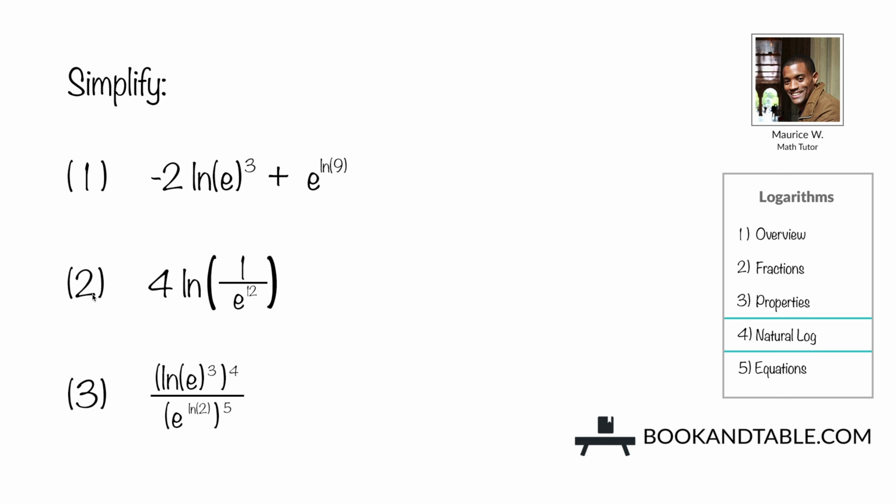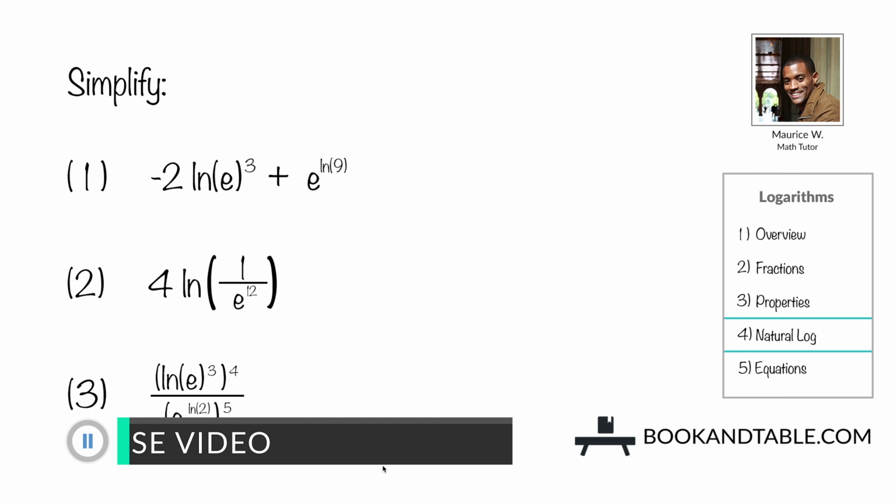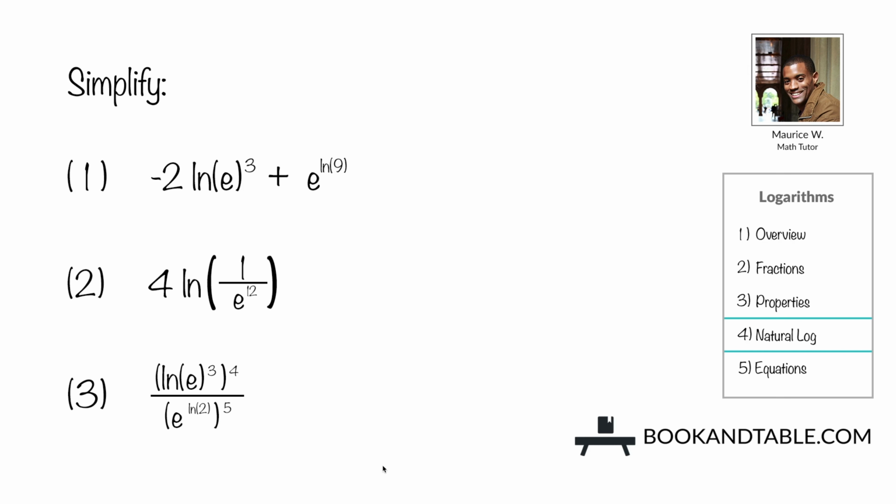Question number 2. 4 times the natural log of 1 divided by e to a power of 12. And question number 3, the natural log of e to a power of 3 to a power of 4 divided by e raised to a power of a natural log of 2 to a power of 5. Pause the video, answer these questions, and then press play when you are ready to begin.